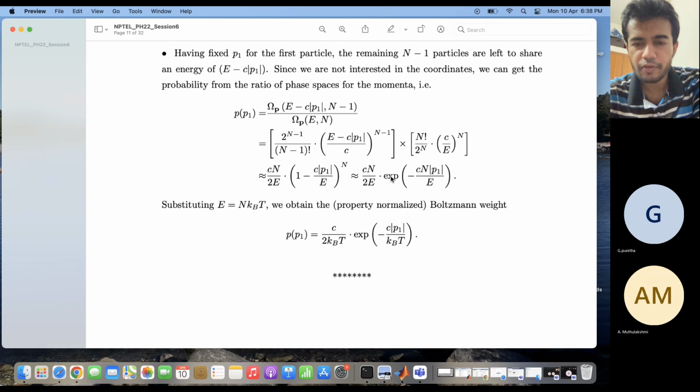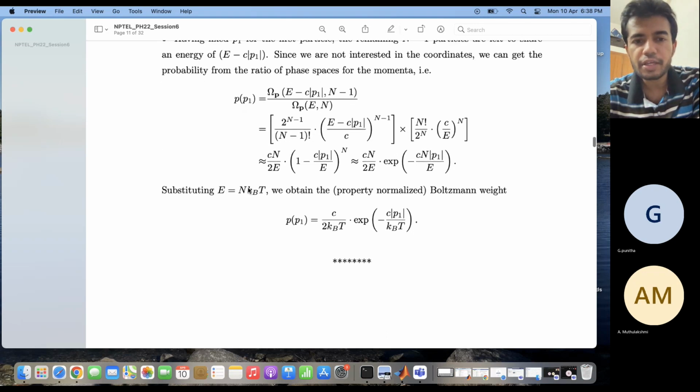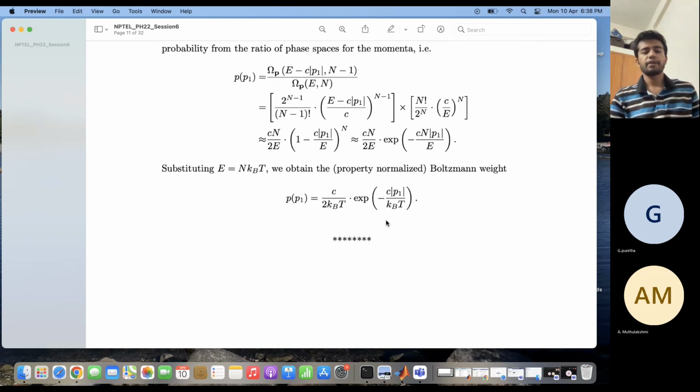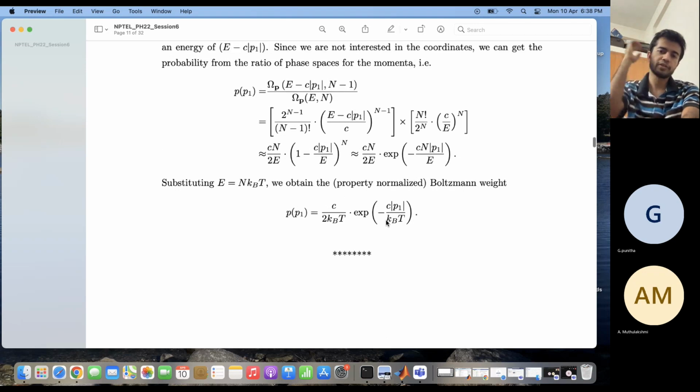It is an exponentially falling distribution. And if I put E equal to n kBT, then I obtain that the probability is equal to c by 2kBT exponential of minus cp1 by kBT. So at a given temperature, the probability of having a particle with momentum p1 has an exponential distribution.